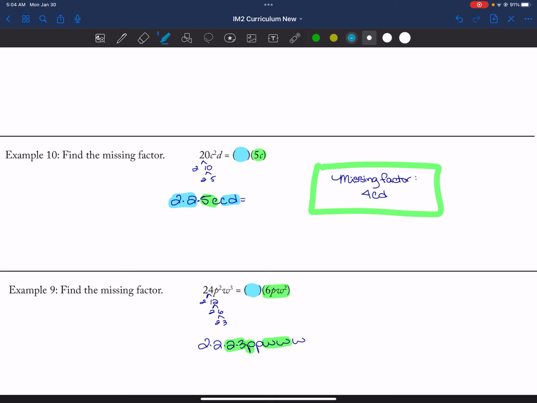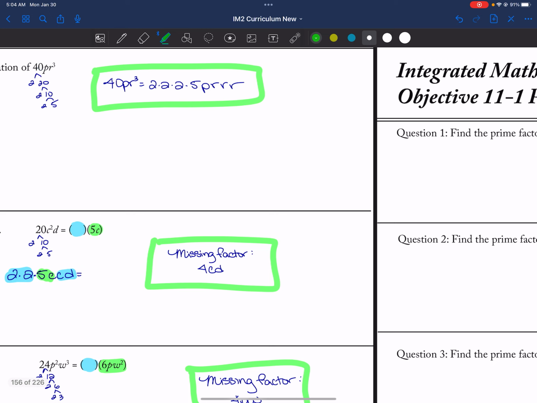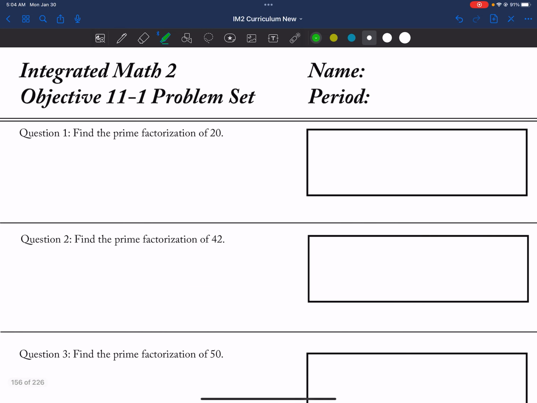So what am I missing, right? I'm missing a 4. I'm missing a p, and I'm missing a w. So my missing factor is 4pw. Okay. And that is it for this lesson.